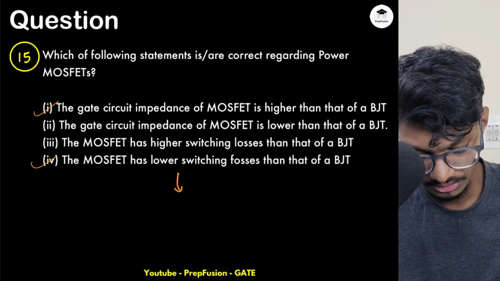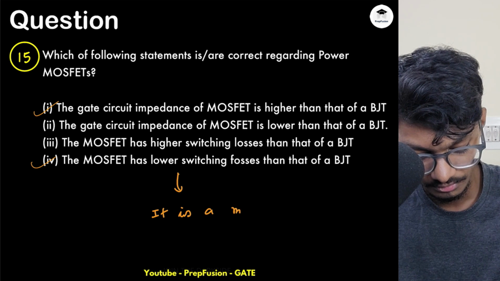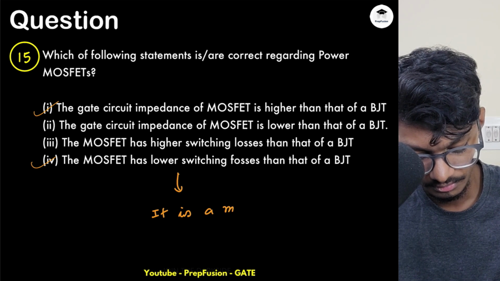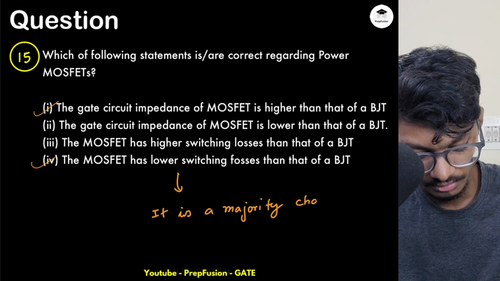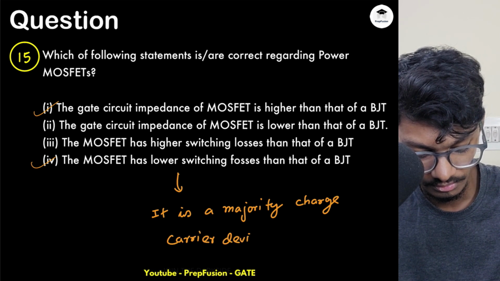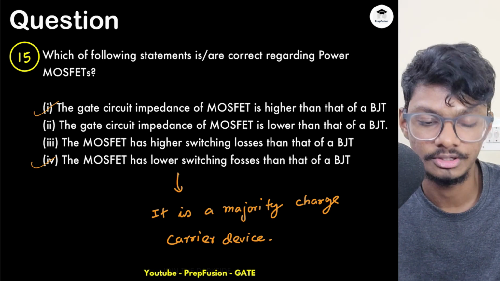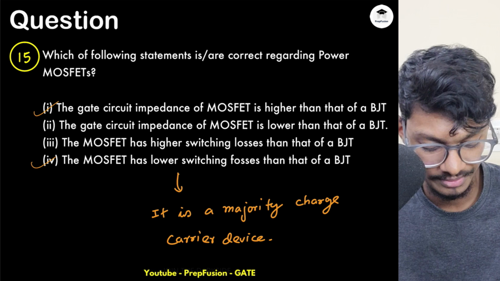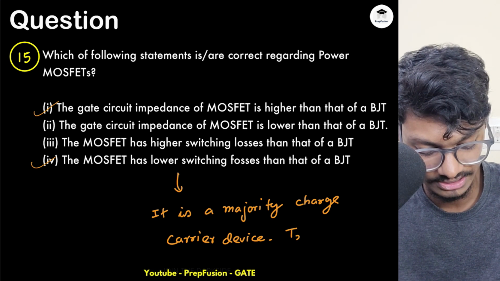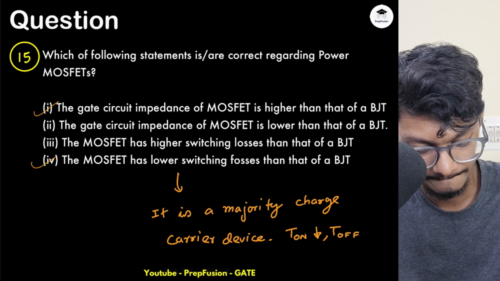Basically the turn on time and turn off time are all low. As there is no charge storage, t on is low, t off is low.